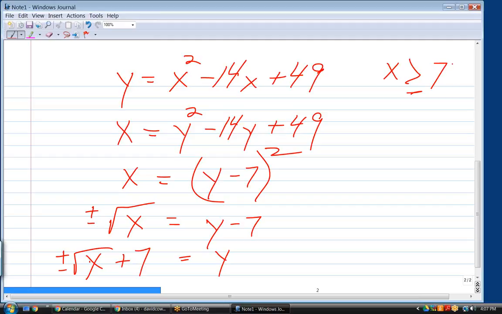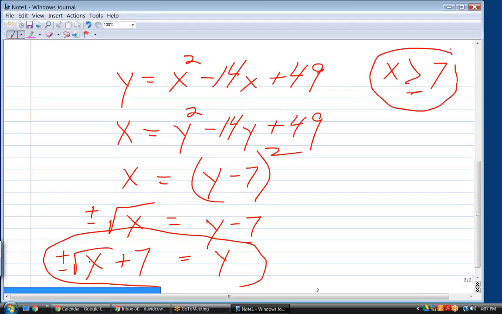Now, this is certainly an answer, but it's not a function. Yeah. Now, because they said that, I guess it is an answer.